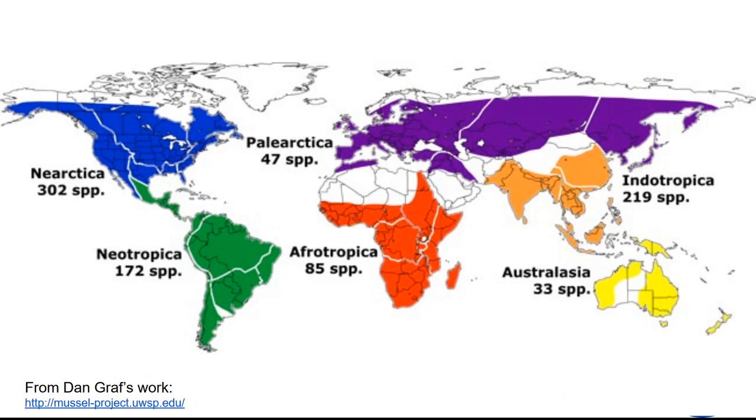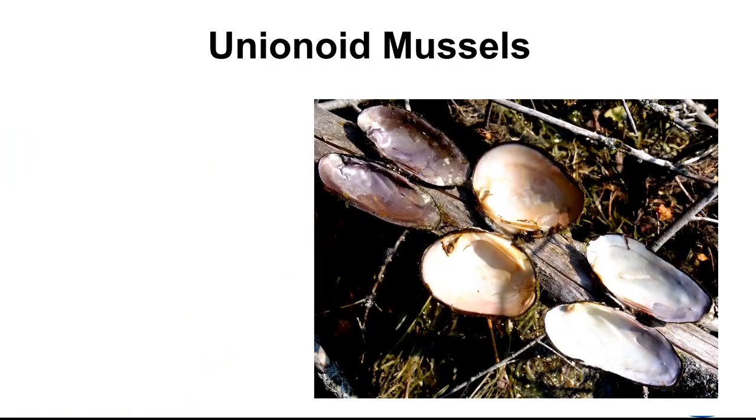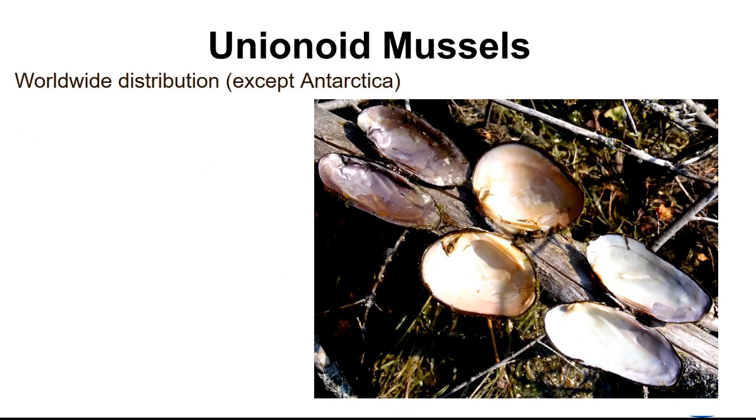So when we look across North America and the rest of the world, we've got about 300 species in North America. About 900 species of these pearly mussels in the world. And as I go through some of these pieces, we find pearly mussels everywhere in the world except Antarctica. Big surprise.